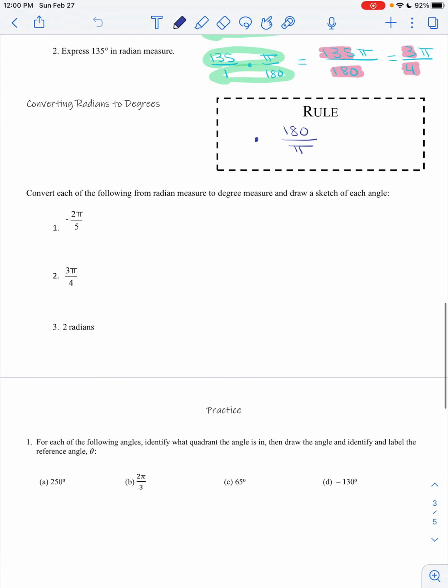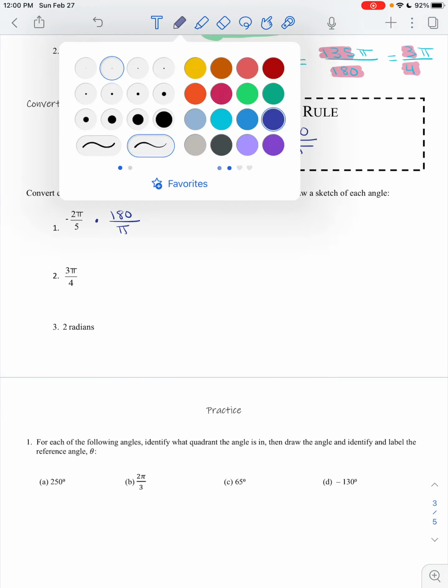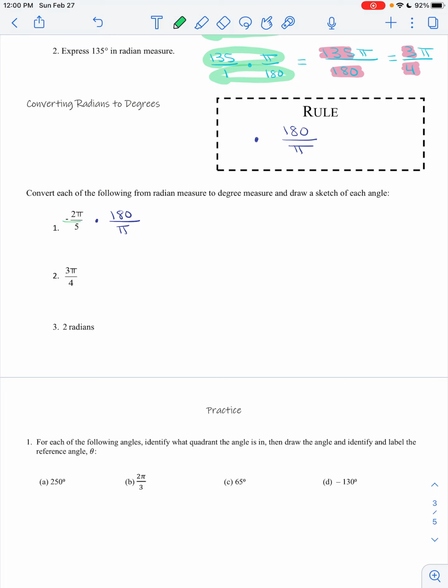Okay. So here I'm going to multiply by 180 divided by pi. So I'm going to multiply across the top, and I'm going to multiply across the bottom. So negative 2 pi times 180 is negative 360 pi divided by 5 pi.